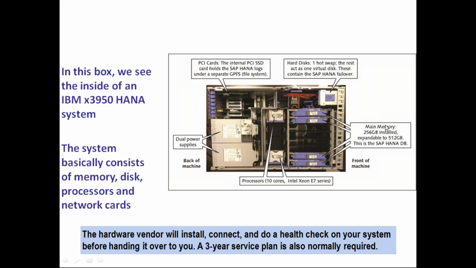See what they mentioned here. Main memory 256 GB installed, expandable up to 512 GB. So they've given this appliance with 256 GB installed, and you have the possibility of expanding up to 512 GB.